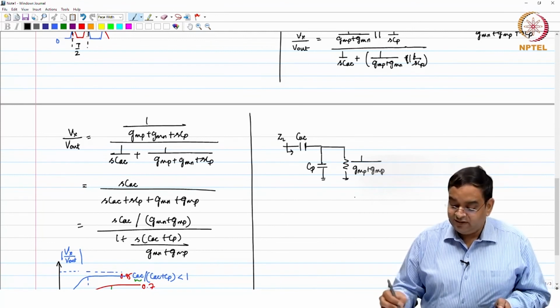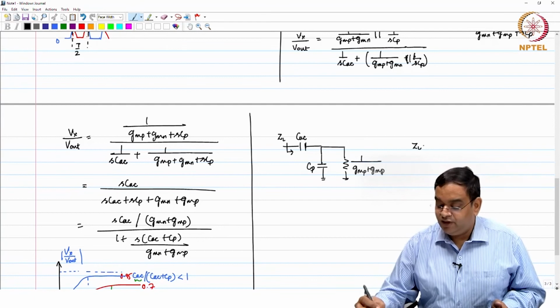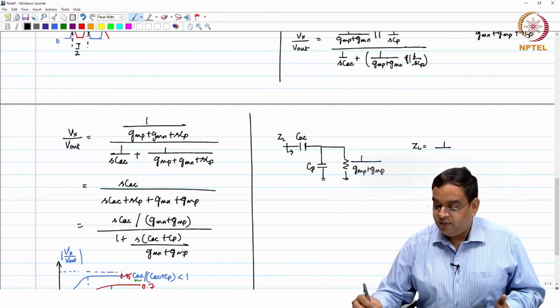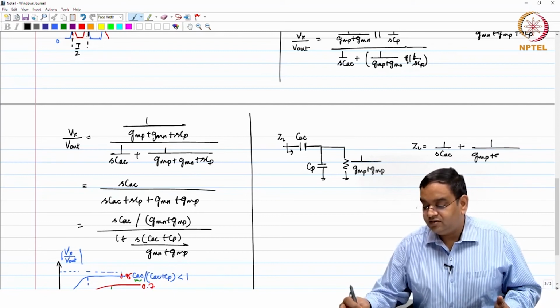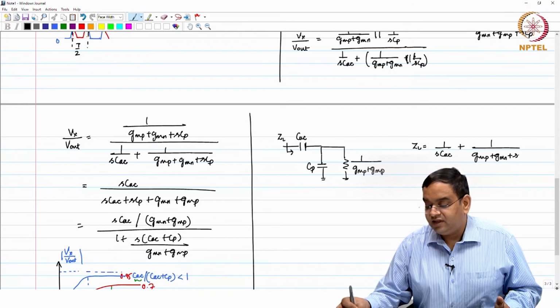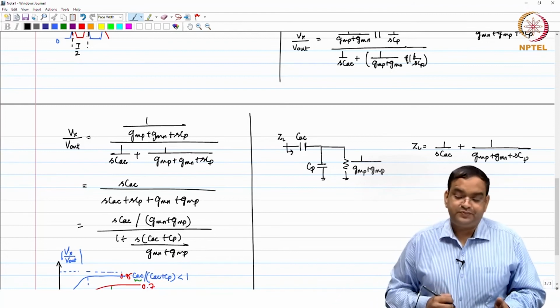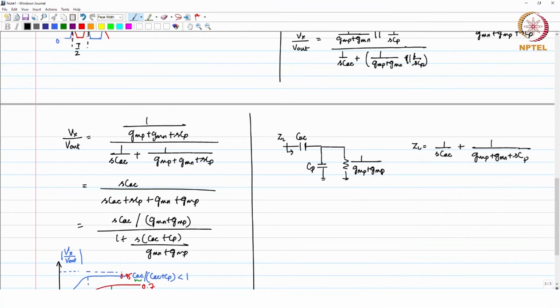So, it acts as a load for the oscillator, and the ZL value you know is 1 by SCAC plus 1 over GMP plus GMN plus SCP, right.